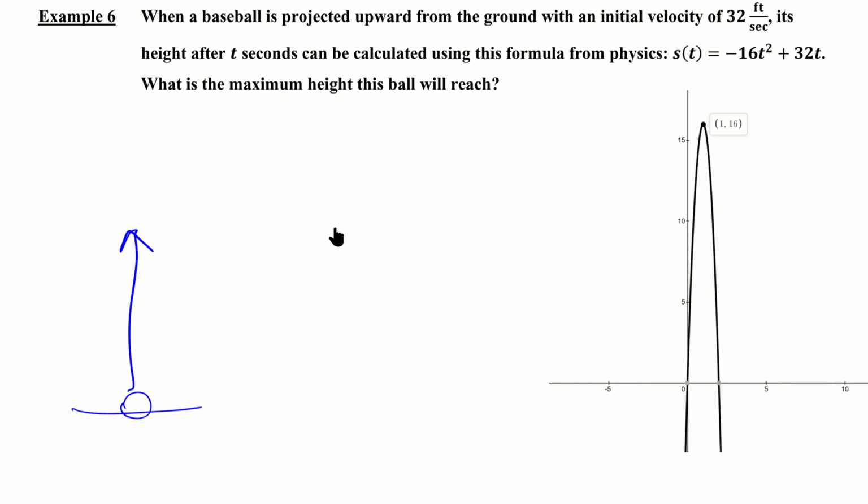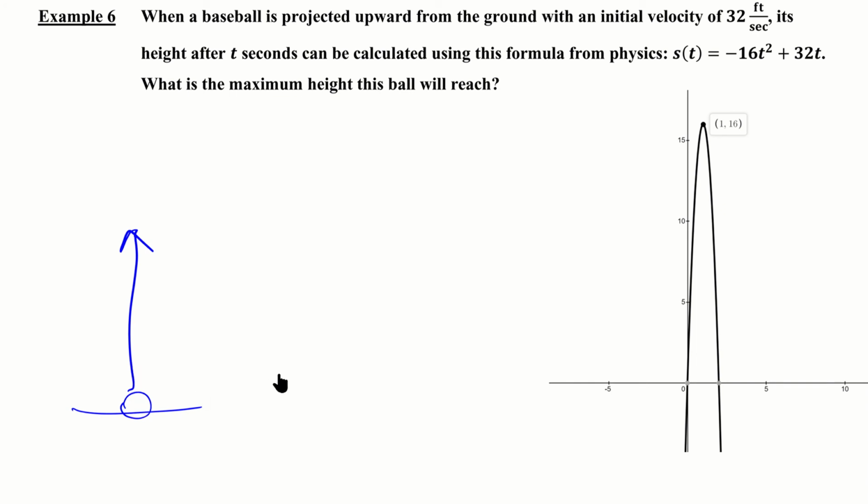And then it's going to stop and it's going to drop back down. So when they say to you that this gives you the height at any time t after the initial start, it's not telling you that this ball is going to have a parabolic path that you see here. Here, I've graphed this just to give you a visual. You don't need to do this graph to be able to solve this problem. What this graph is giving you is the height of this ball after t seconds.